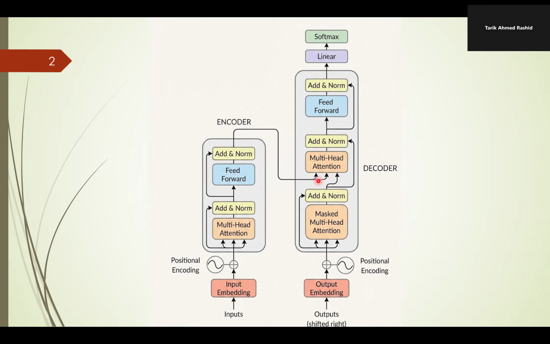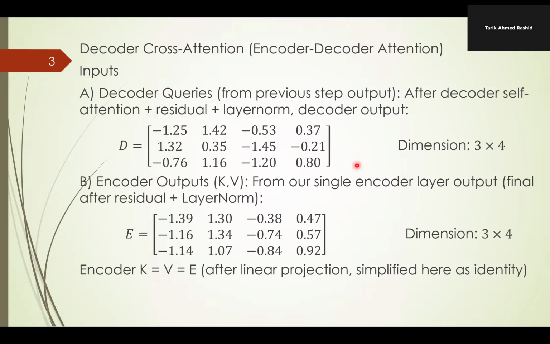You can see these two arrows, and the Q from the output of the add, residual, and normalize, they will form altogether cross attention.